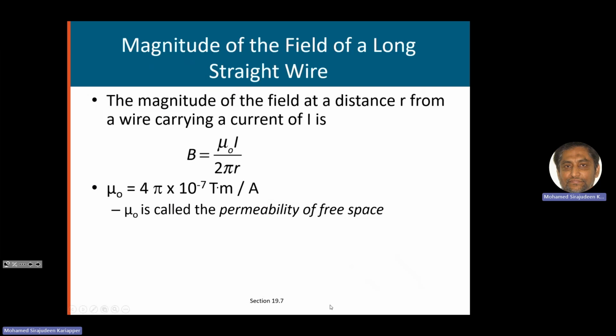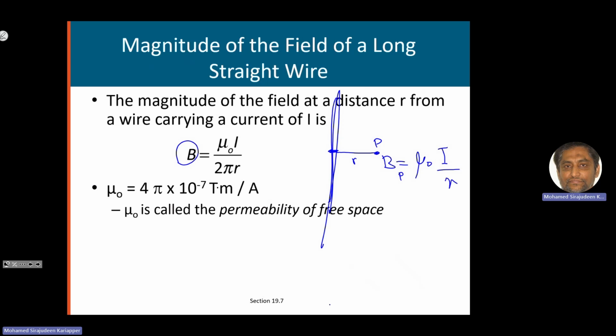Then experimentally, they figured out the magnetic field from a long current carrying wire at a distance r from the wire. Say at this point P, if someone asks you what the magnetic field is, it is equal to mu0, a constant, times the current going through the wire. It is proportional to the current, obviously, more current means more field.